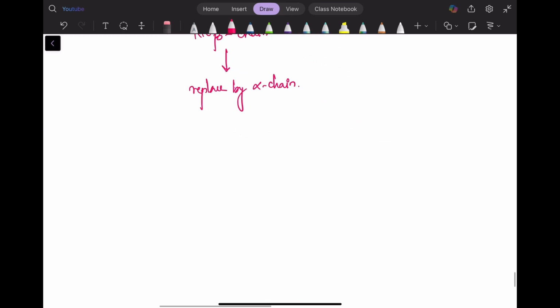You need to remember, the further problem is caused not by the deficiency of beta chain, but because of the alpha chain, which is responsible for the pathogenesis, right?